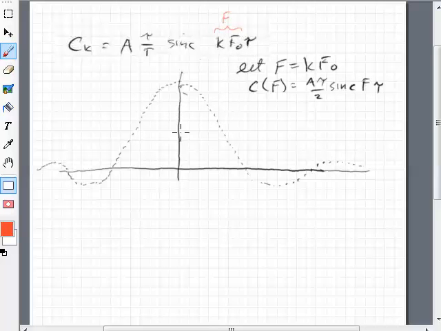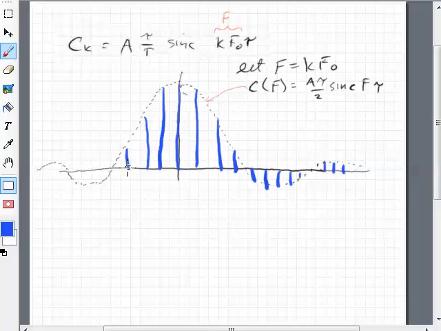That'll give us this envelope here that I'm showing there. Within that envelope, we have spectral lines. I'm going to make those red, or maybe I'll make them blue as well. So we're going to get these lines that show up, and their height is going to be determined by this envelope of the sinc function.